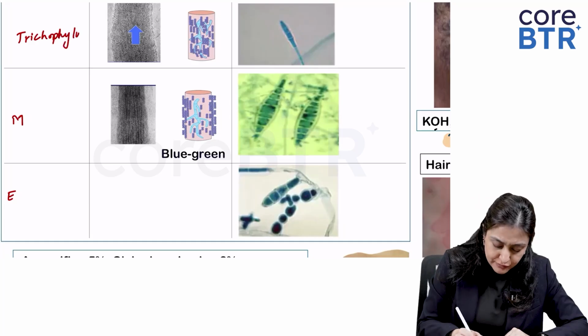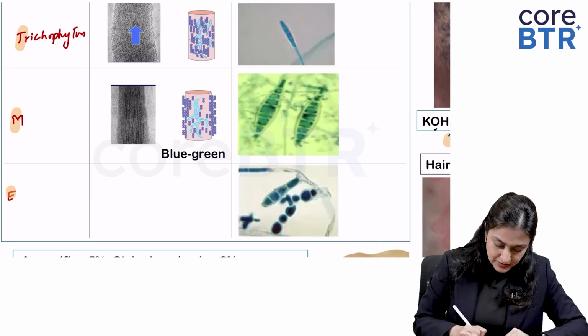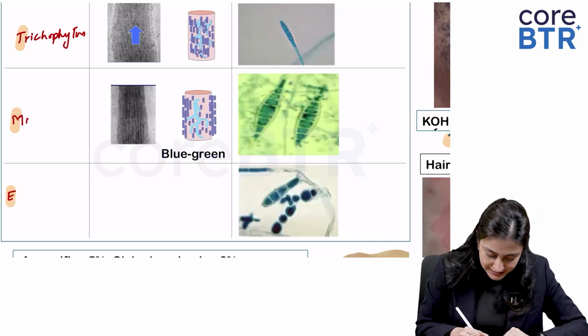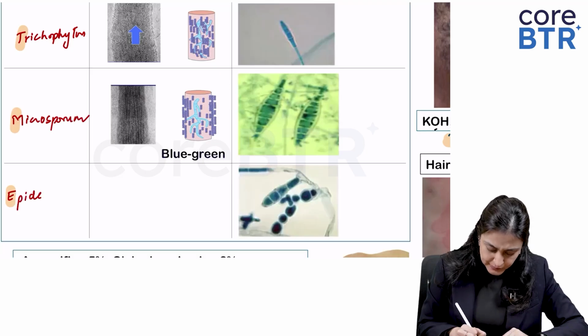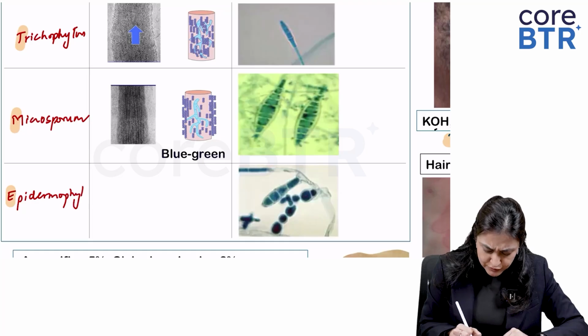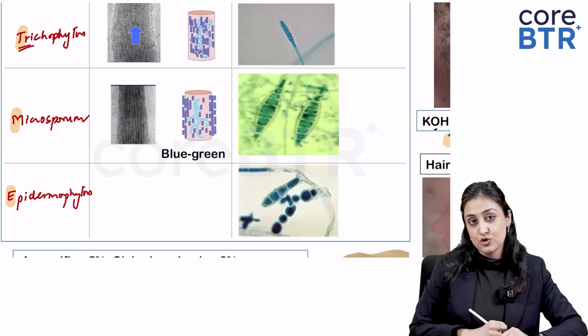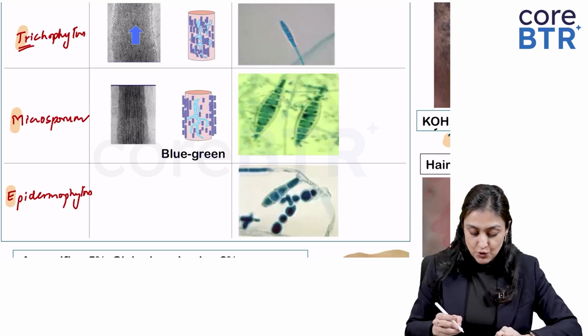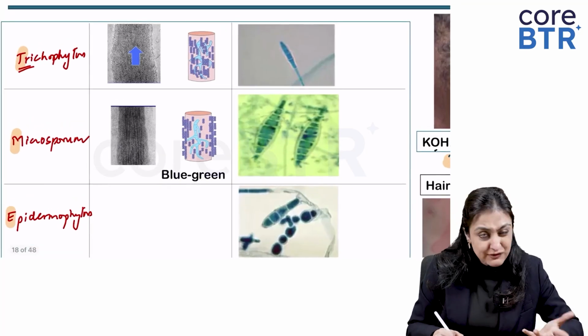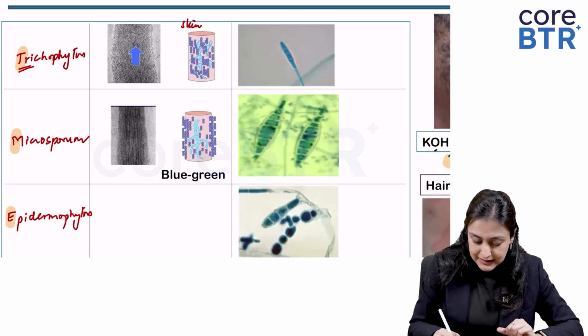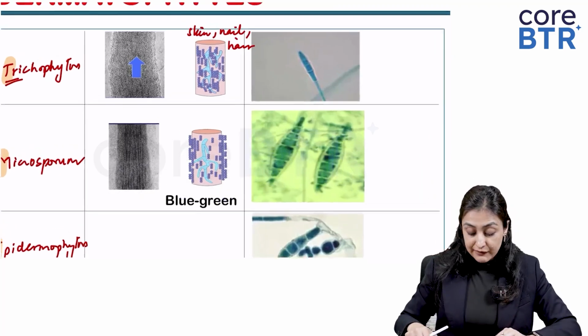No need to remember the full form, just T will suffice. M is microsporum and E is epidermophyton. If you want to remember one, just remember trichophyton because it affects all 3. It can affect the skin, it can also affect the nail, and it can also affect the hair. How does it affect the hair?